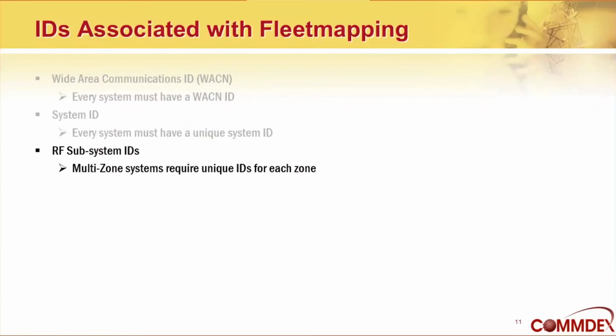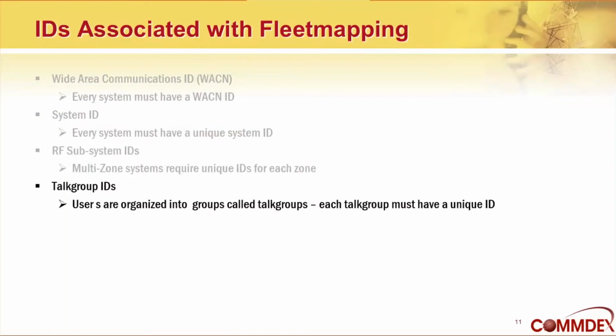And then within the system, you might have RF subsystems. If you have zones within the system, you have unique IDs. For instance, a statewide system will typically have multiple zones, and each zone has its own ID. And then each talk group has an ID, so there are ranges of IDs.